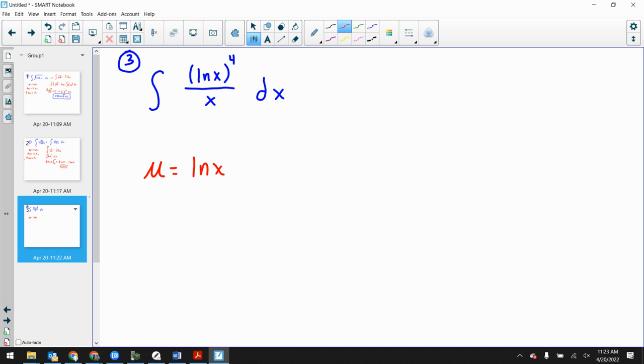And if I differentiate ln of x, that's going to be du is equal to, what is the derivative of ln? Anybody remember? 1 over x. So 1 over x dx, which is actually kind of convenient because if I rewrite this, isn't this like saying this?